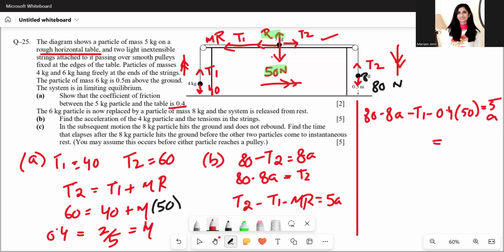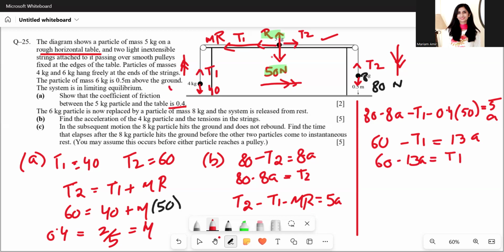Okay, so we have 13A here and we have minus T1 here and 80 minus 0.4 into 50. So 60 minus 13A is equal to T1.